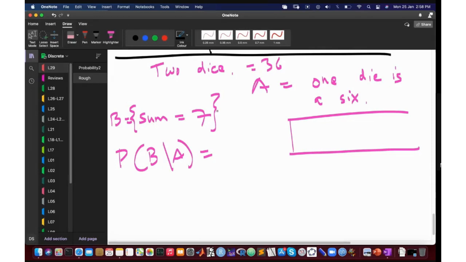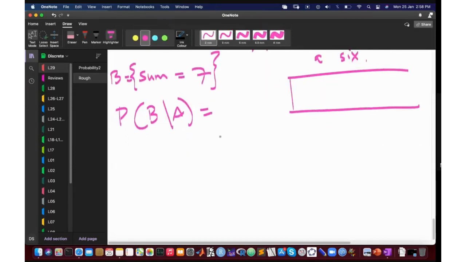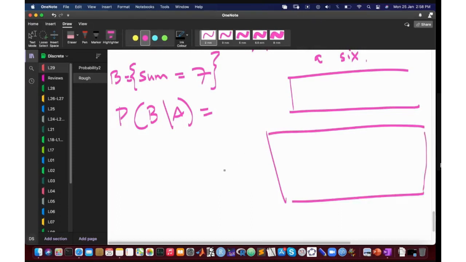We'll just solve it using our formula, but what do you guys think should be the probability? So I want my sum to be equal to 7, and I know one of the dice is 6. So there are 36 permutations, right? We are looking at 36 possible outcomes. So we have die 1, die 2, and you have all these 36 possibilities you can get.